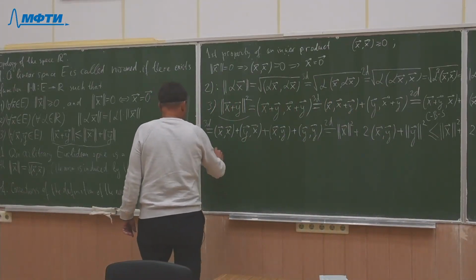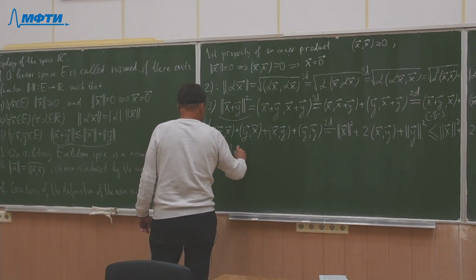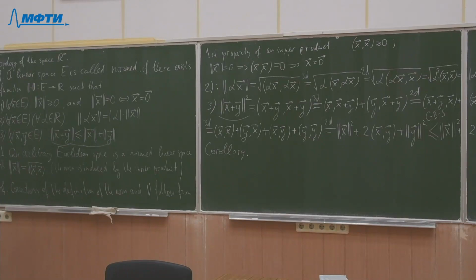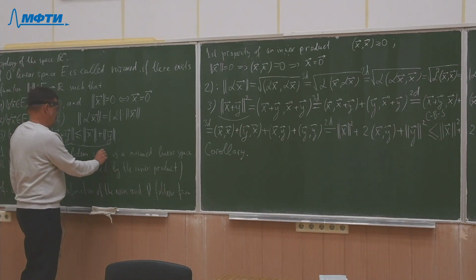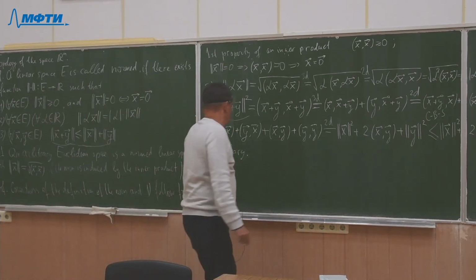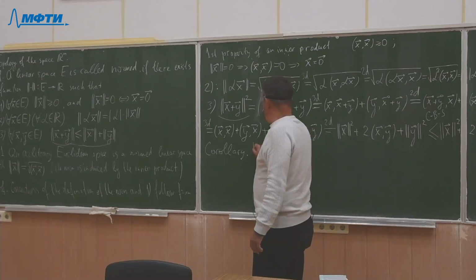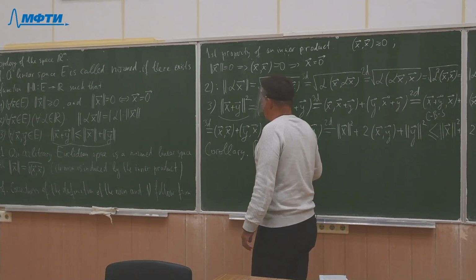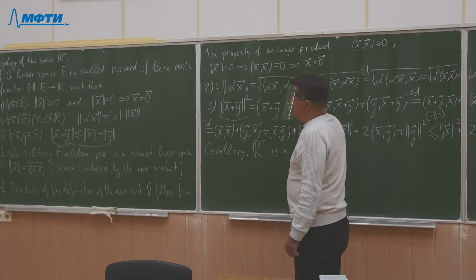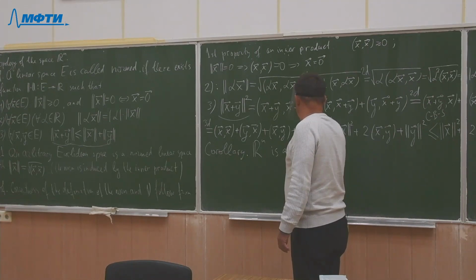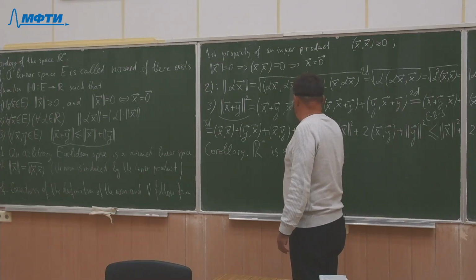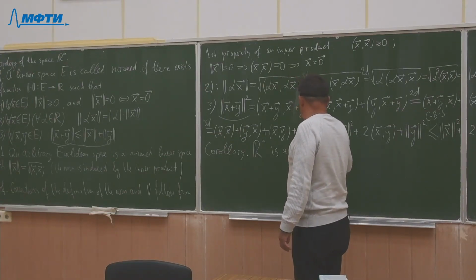Corollary. We know a very important example of a Euclidean space, right? So as a corollary, we obtain that Rn is a normed linear space.